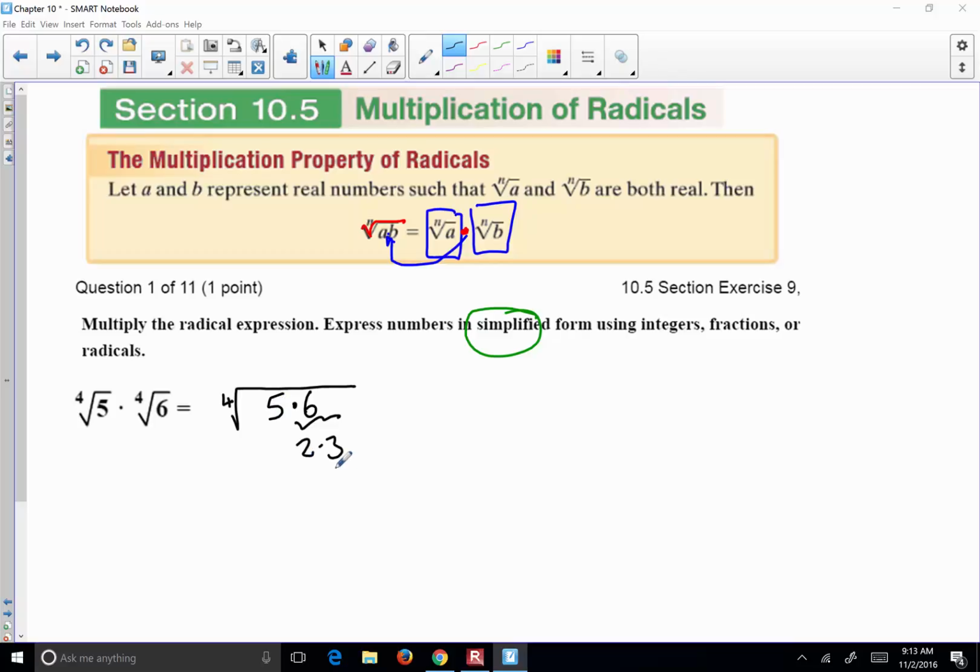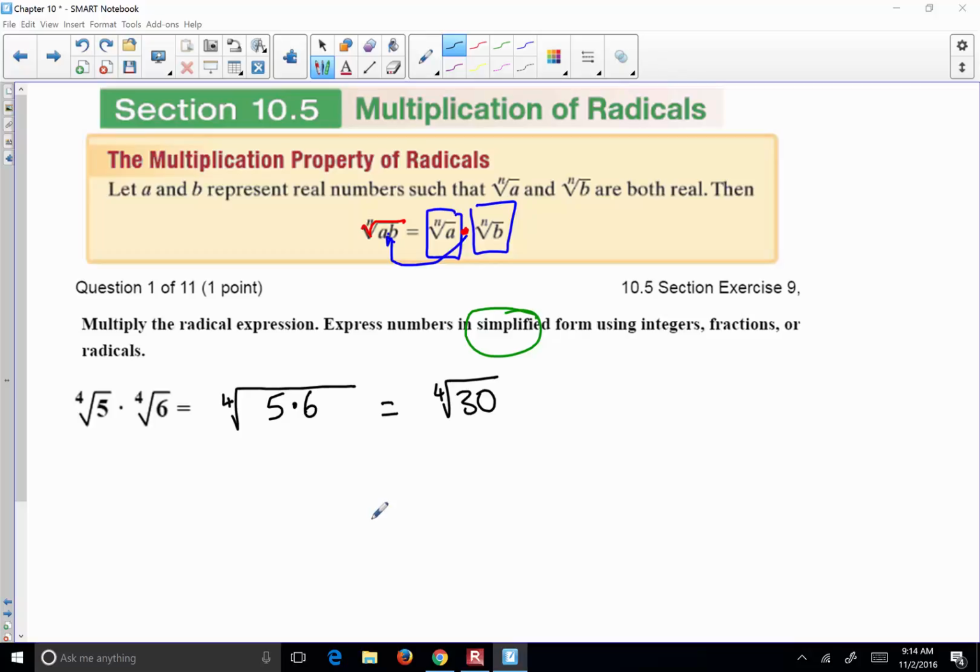Can you combine them to make bigger powers and get some of them out? No, they are all different prisoners, 5, 2, 3, with $1 each only. They can't break prison. Once you're convinced they can't unite powers, all you need to do is multiply them out and present your answer as the fourth root of 30.